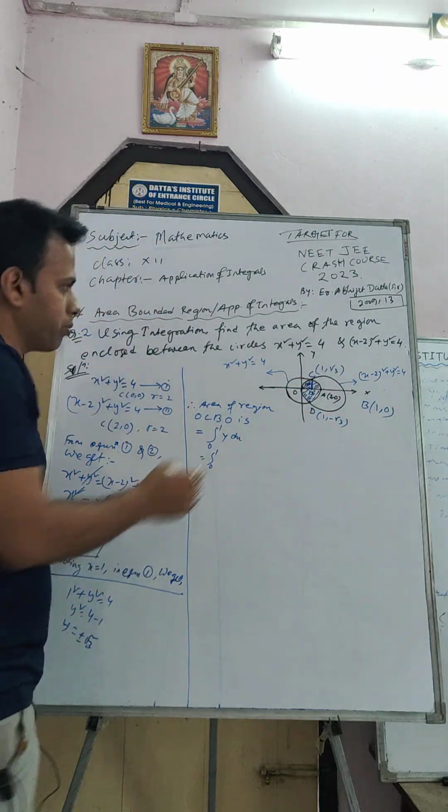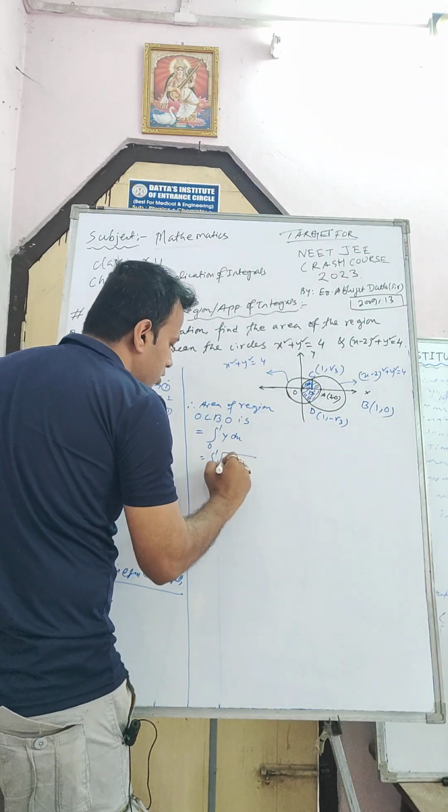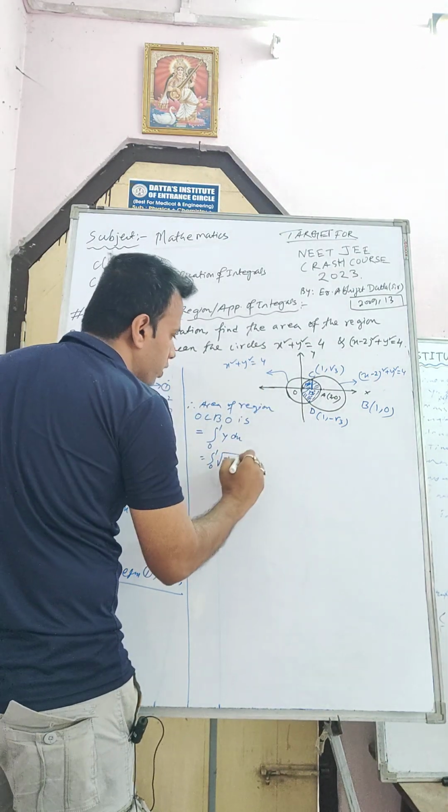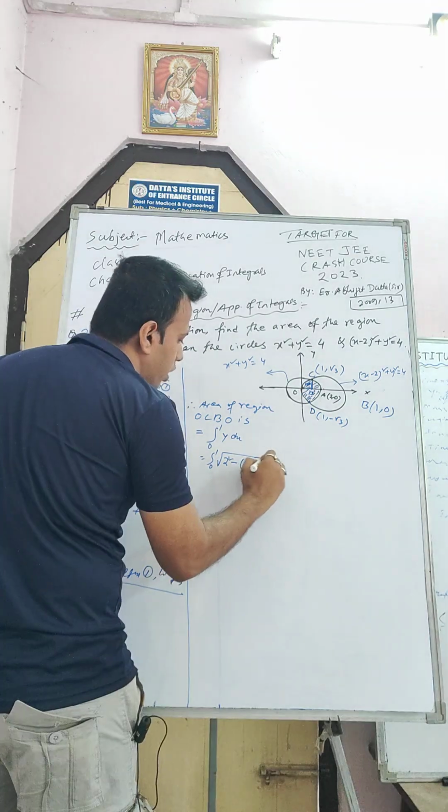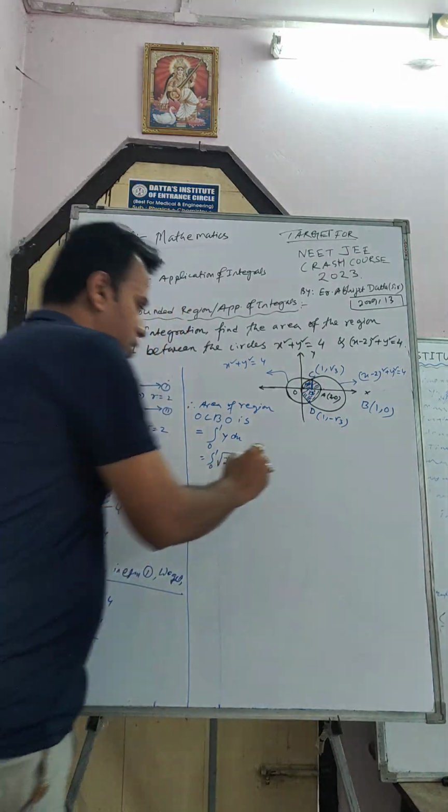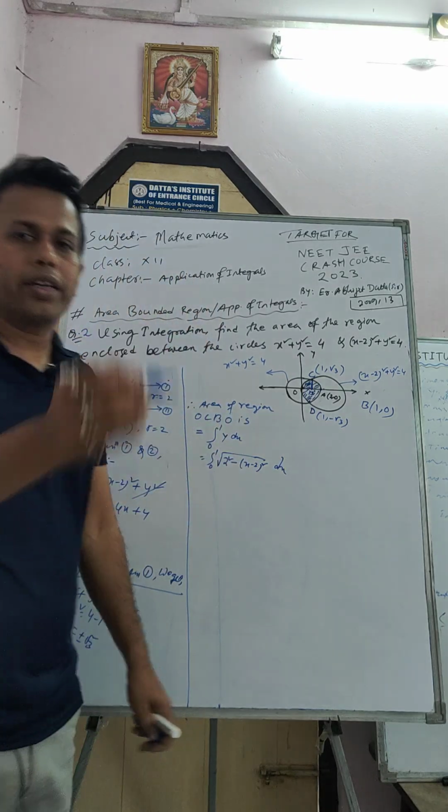If we put the value of y here, it becomes root of 2 square, that is 4, minus x minus 2 whole square, and it is in the form of integration of root under a square minus x square.